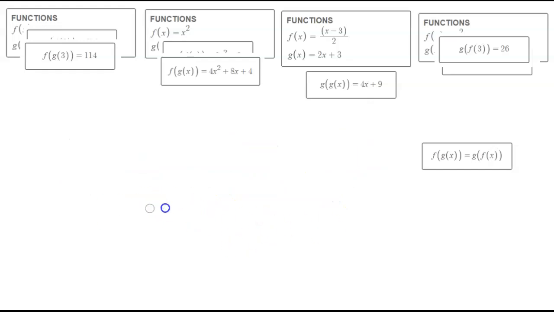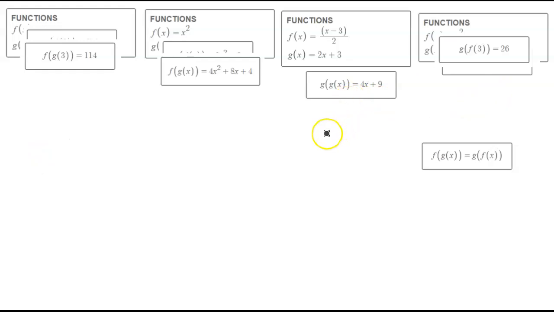is we have this function g of x. If we plug it into f of x, that's going to be the same as if we plug f of x into g of x. And since they are, what's the word I'm looking for?